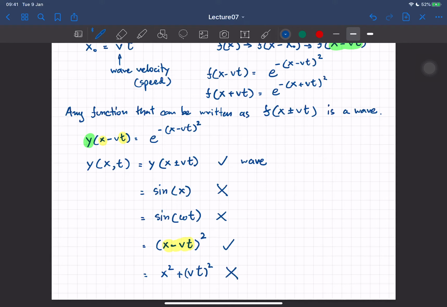Even though both x and t appear in the equation, you cannot write it in terms of x minus vt to the power of 2 or something like that. So if you cannot group x minus vt all together and have no x and t left in the function, then that's not a wave. It's actually a very strict class of function that we can call a wave.